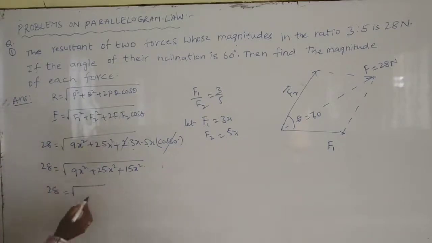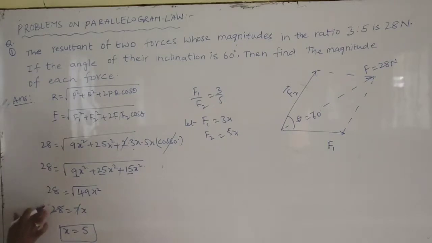So what is the answer? 25 plus 15 is 40, plus 9, so 49x square. So 28 equals root of 49x square, which is 7x. So x equals 28 by 7, which is 4.